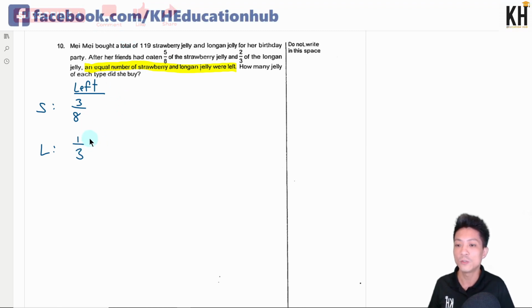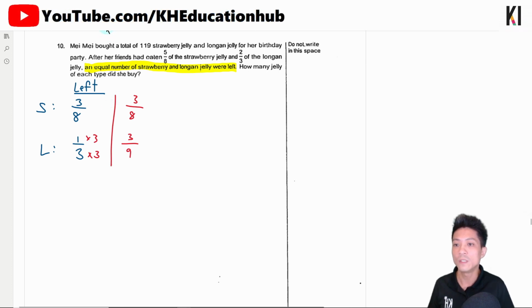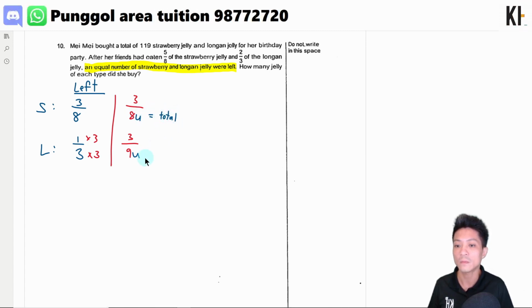Change the numerator to become the same, so times 3 and times 3. I'm going to be comparing 3/8 and 3/9. Once you have this, the denominator, the 8 units and 9 units, will tell you the total, and the numerator will tell you what's left.